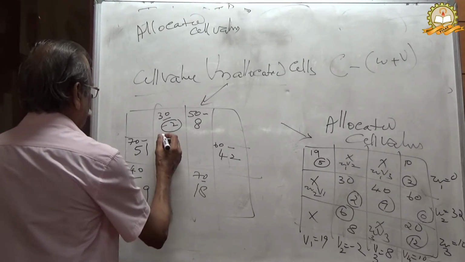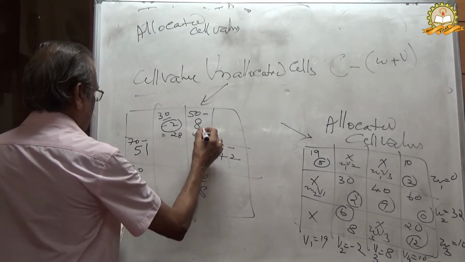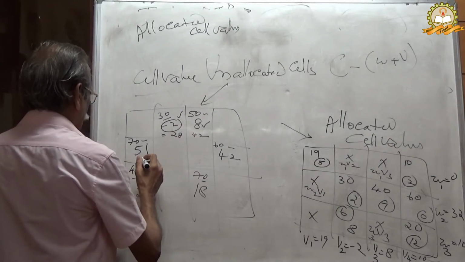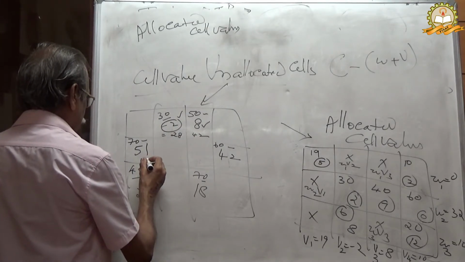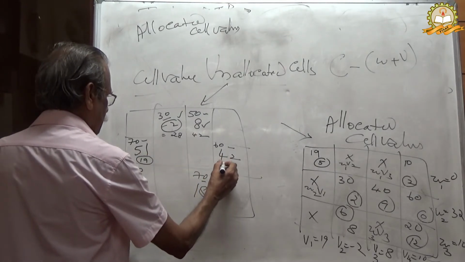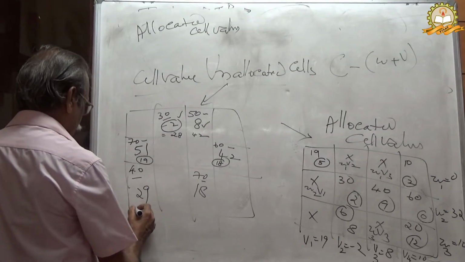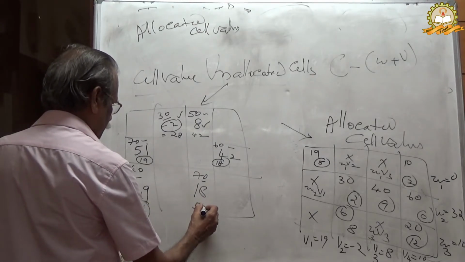Therefore, you get 28, 42, 51, 19, here you have 18, here you have 11, here you have 52.